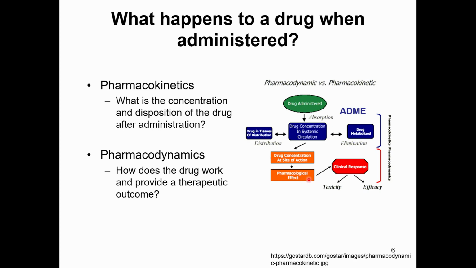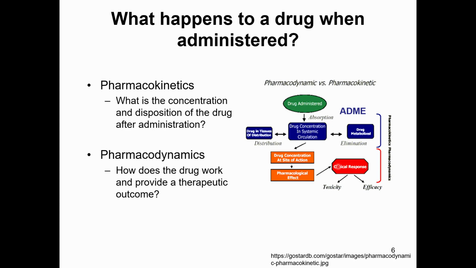Then, of course, we want to know what the clinical response is. Some drug may bind to a particular receptor, and receptors allow cells to respond to their environment. So when something binds to a receptor, perhaps that cell changes what it is doing. Maybe it opens and closes channels, and ions go in and out of the cell.